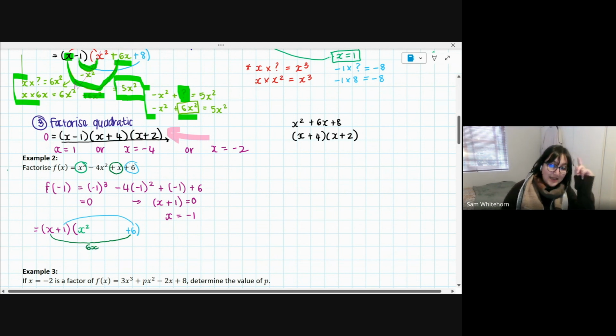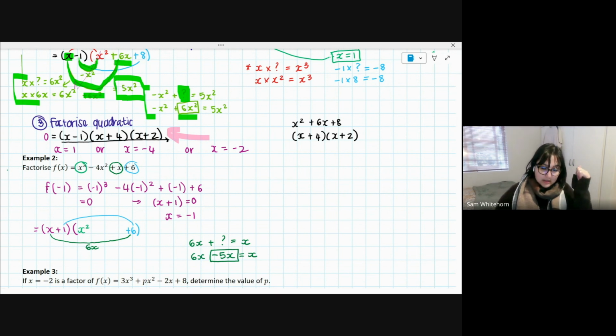Now I want x. So 6x plus what will give me +x? Just be careful, think about your signs. It would have to be 6x minus 5x to give me a +1x. And that is the other product that I need to get.